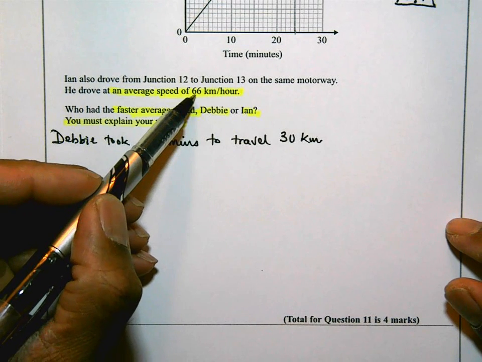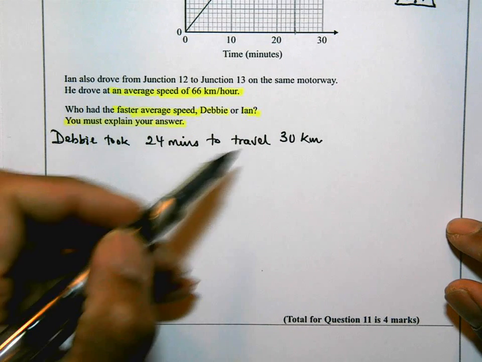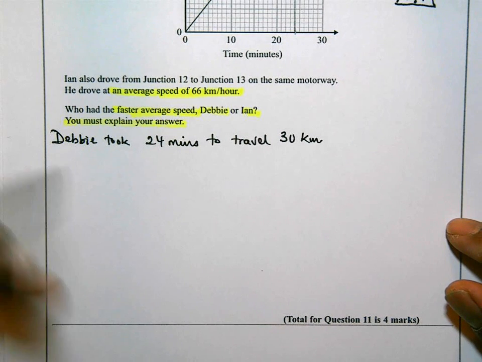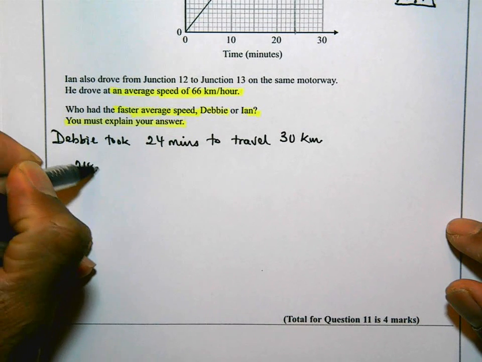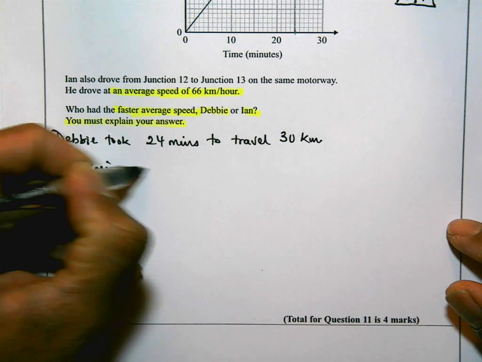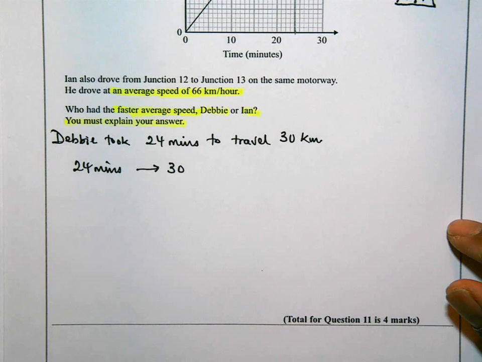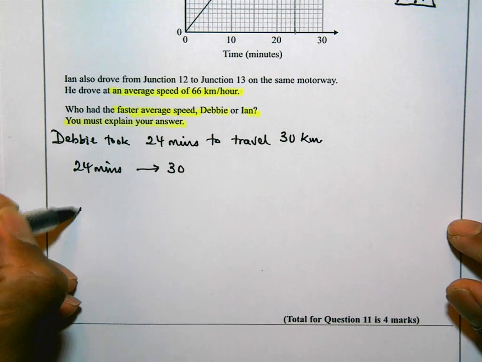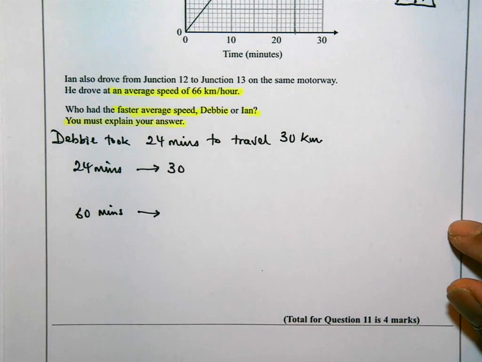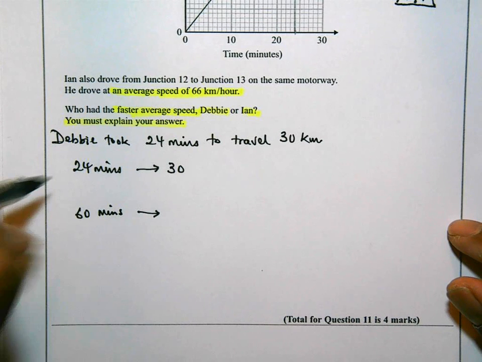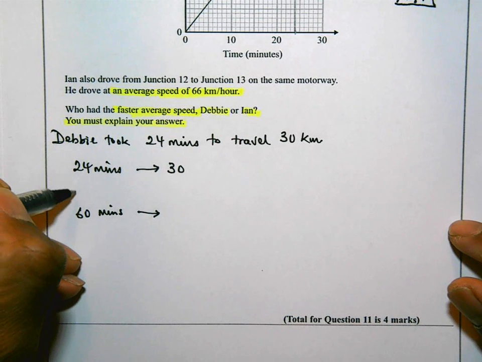How far would Debbie have traveled in 1 hour? Well, in 24 minutes, she travels 30 kilometers, right? I need to work out how far would she travel in 60 minutes. Now, if I half 24, I'll get 12.